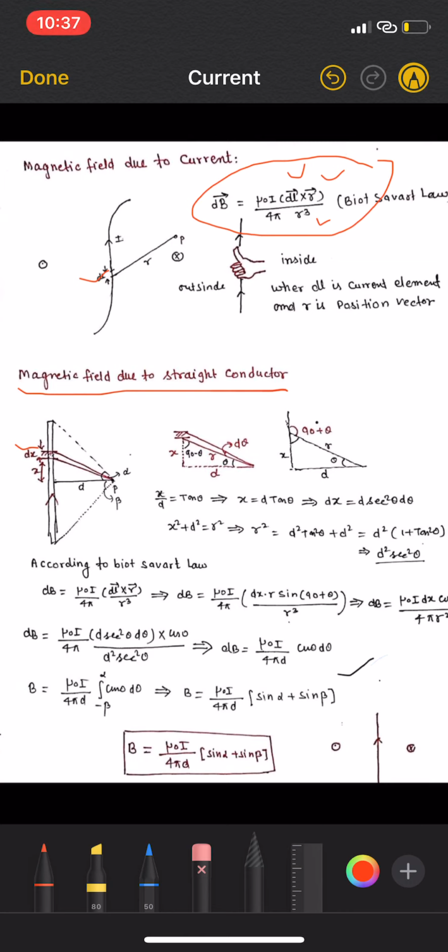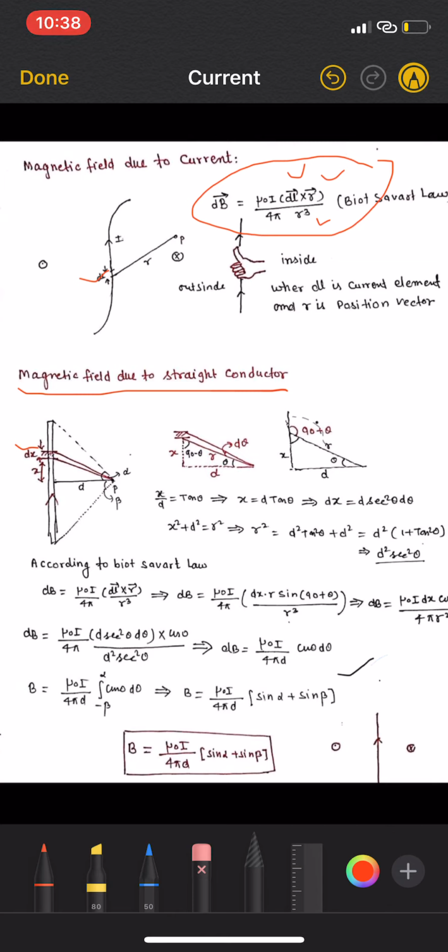Now I make a separate diagram to make it a little clearer. Here I take this angle as theta, and that small angle, due to the small triangle, will be d theta. This distance is d and this one is x. If this angle is theta, then this angle will be 90 minus theta, and the upper one will be 90 plus theta.